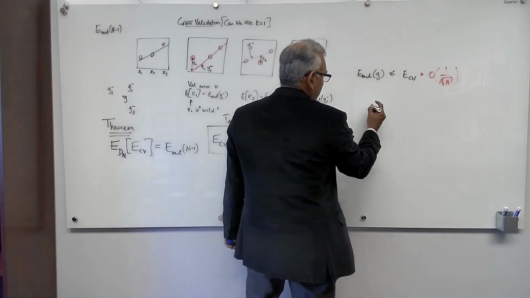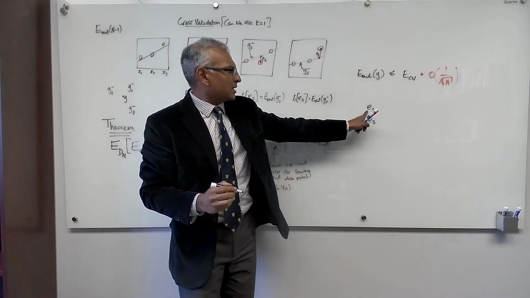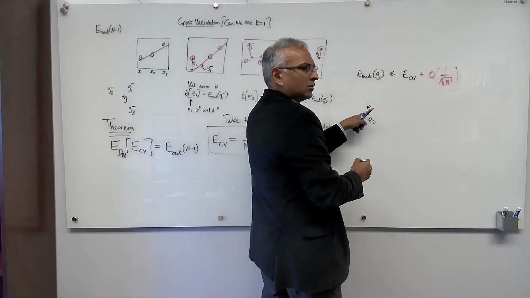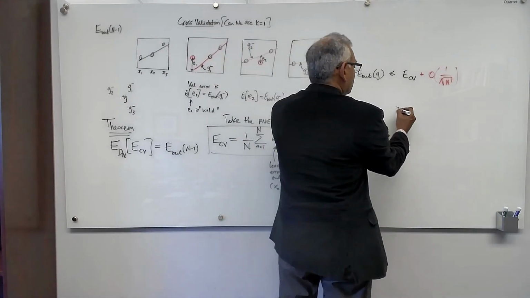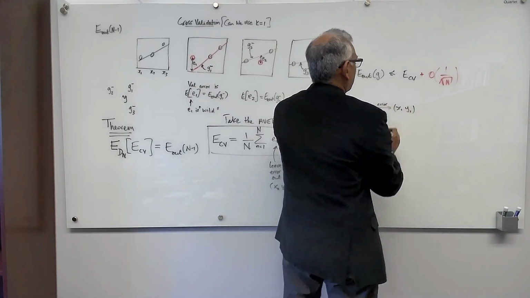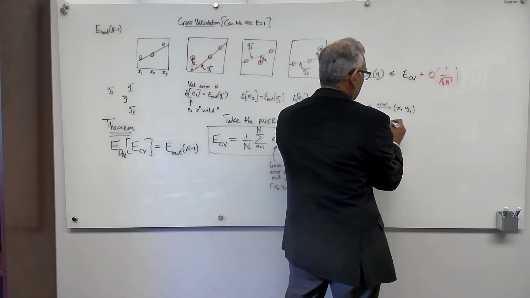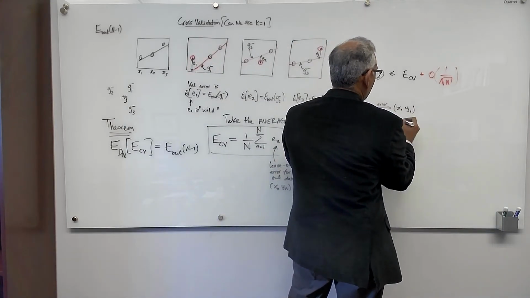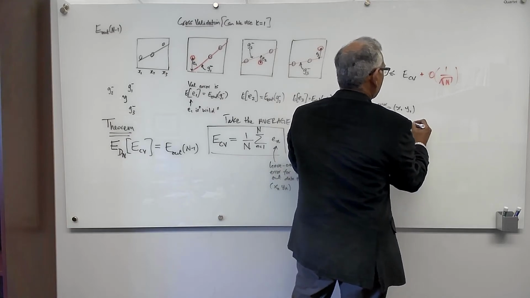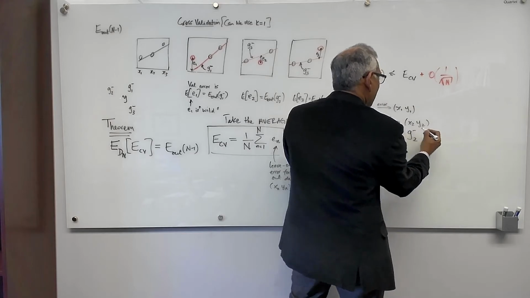So let's look at, for example, E1 and E2. E1 is an error on data point x1, y1. So it's the error on this. E2 is the error on x2, y2 for G2 minus.